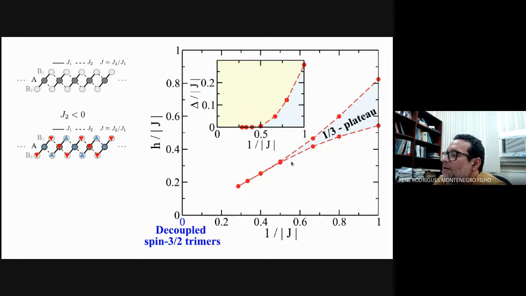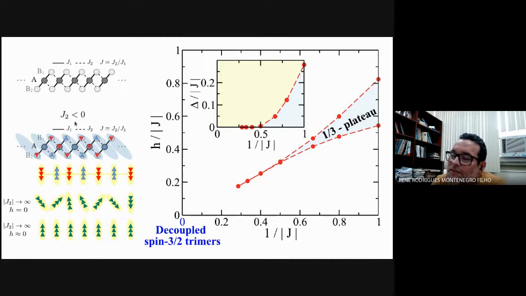Doing it, the 1/3 plateau takes this behavior. Notice in particular that the plateau points to this limit, that's the decoupled chain, the coupled trimer limit.